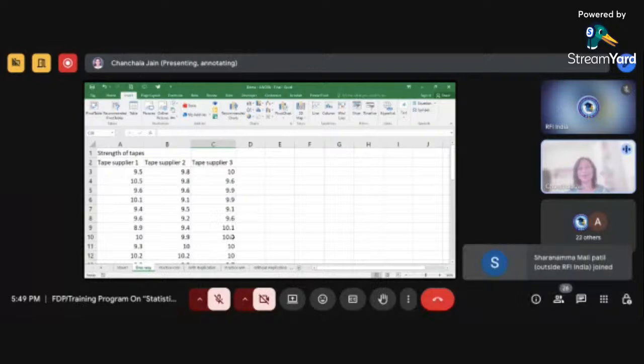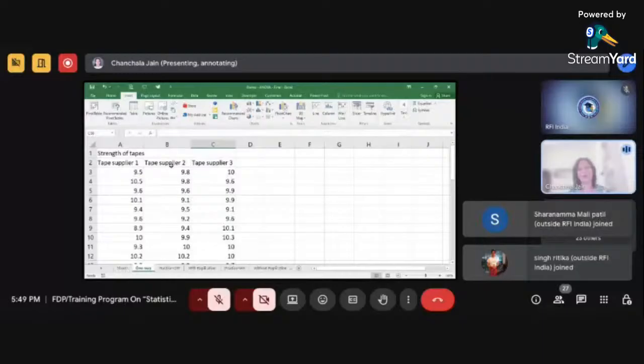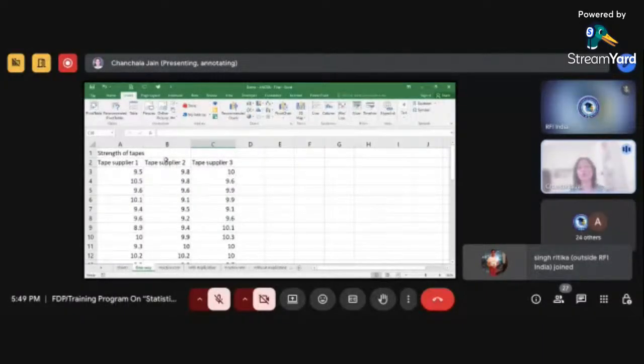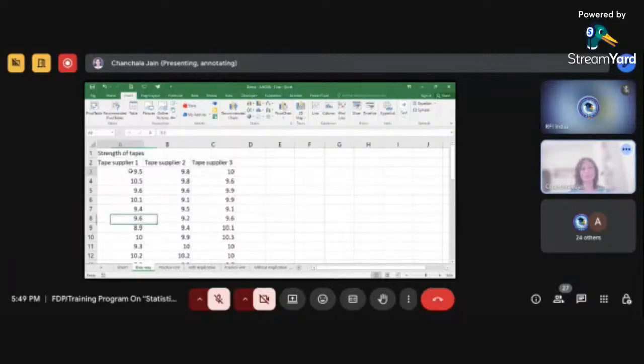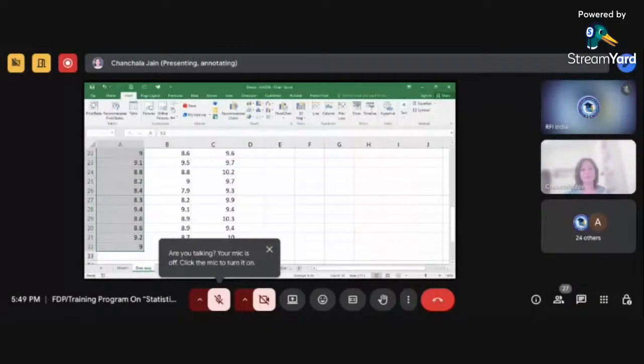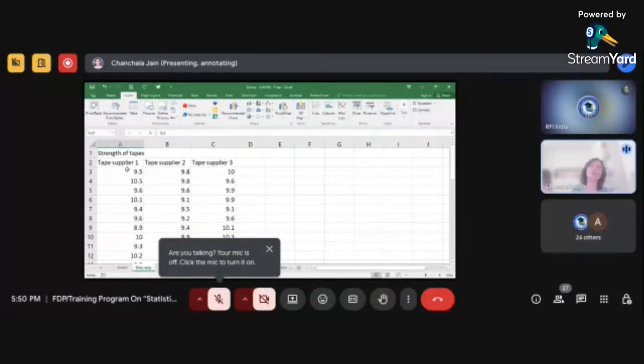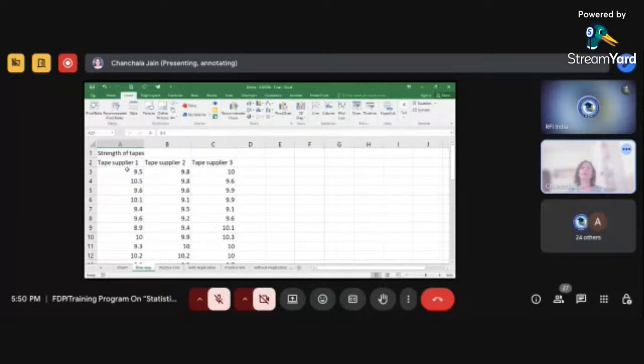Now I'm discussing the problem given in this sheet. We have three different groups here: Group 1, Group 2, Group 3, or tape supplier 1, tape supplier 2, tape supplier 3. The data is 30, so we have 30 observations. For supplier 1, we have taken 30 samples of tapes and measured the strength of the tapes. These values indicate the strength of the tapes.